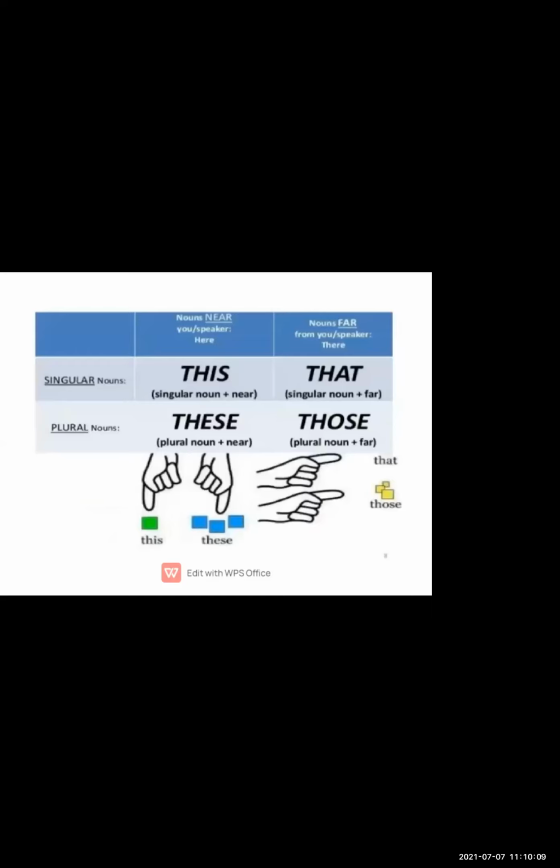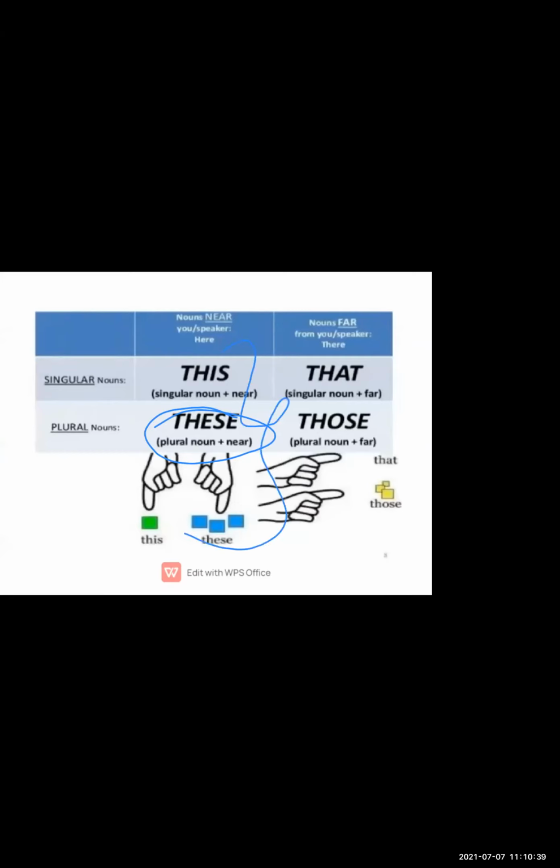You just have to remember that if the thing is singular, you have to use this. If the things are plural, you have to use these for the plural. And the noun should be near to you.